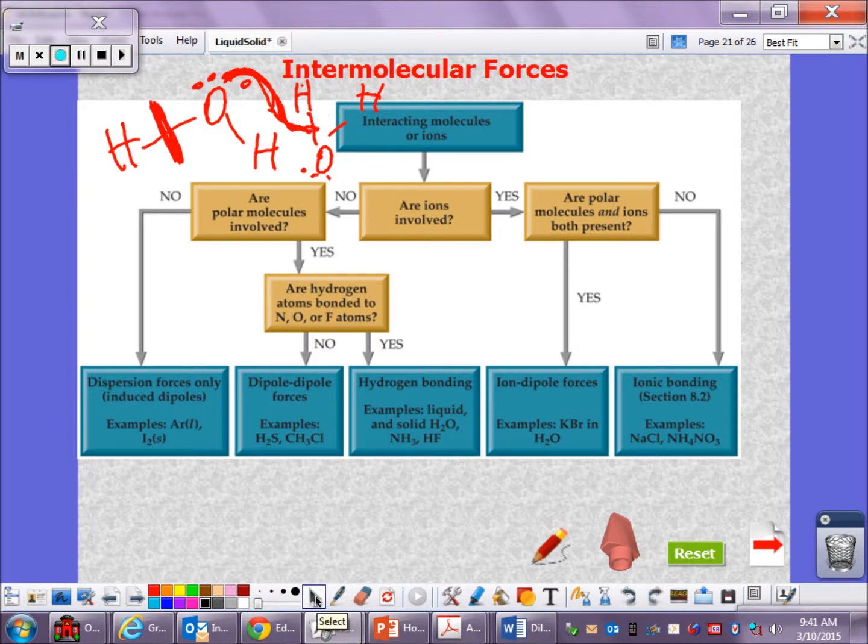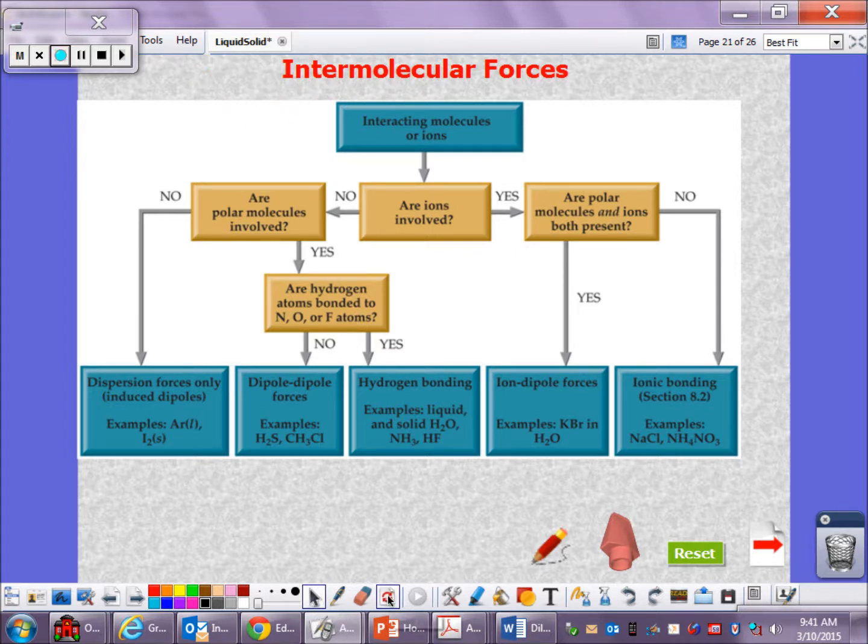So what are those intermolecular forces? First, this is a very good diagram from your book. If the molecule is non-polar, the only force it will have is London dispersion. They call it dispersion, London dispersion, they call it different names. Induced dipole.